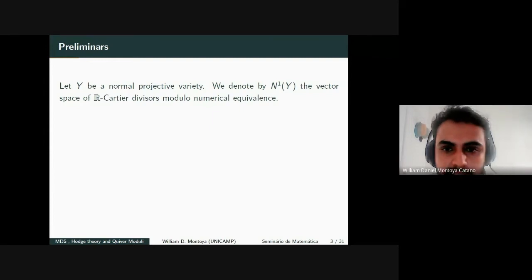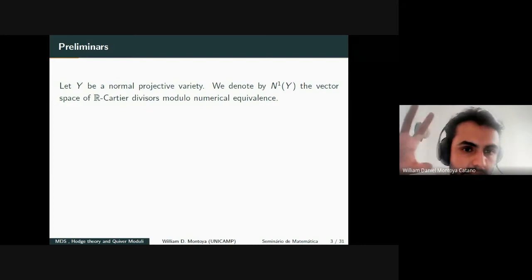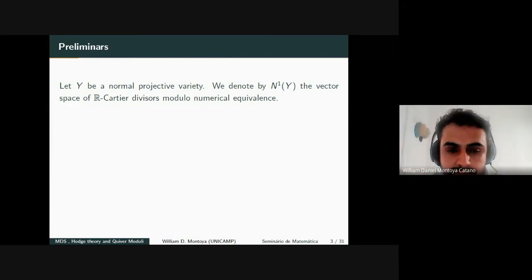We denote by N1 the vector space of Cartier divisors modulo numerical equivalence. Cartier divisors, or divisors in general, are these codimension one subvarieties inside the normal variety. In algebraic geometry they have the behavior of a group when everything goes well, for example when Y is smooth.